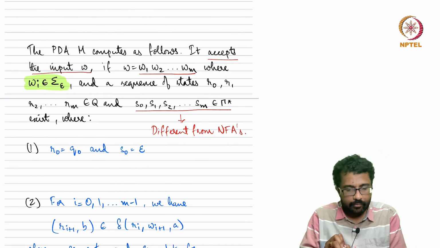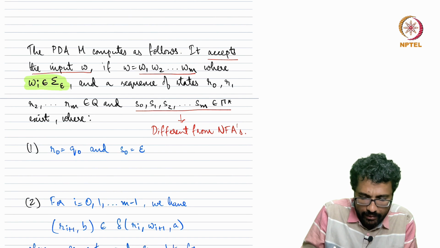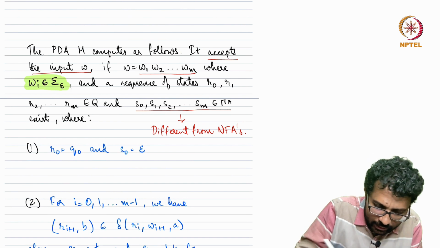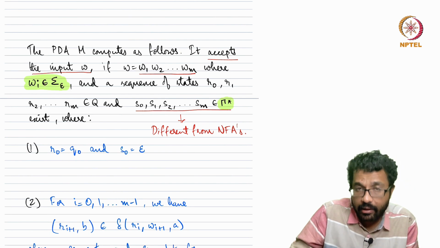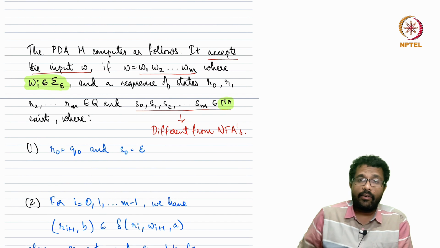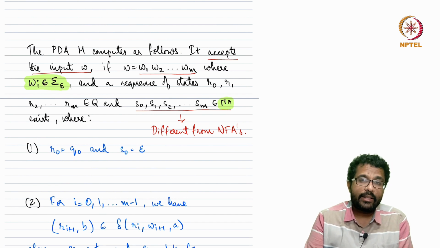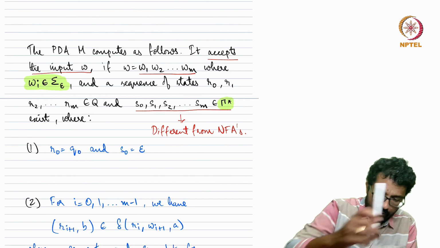So let's see what this means. What is S0, S1, etc.? Notice that these are part of gamma star, meaning these are strings that are formed using the stack alphabet.